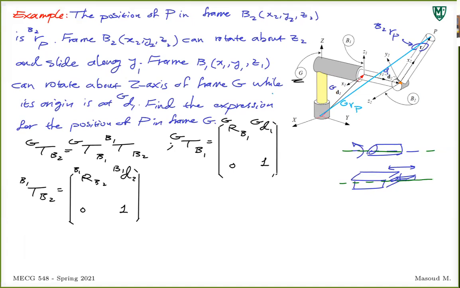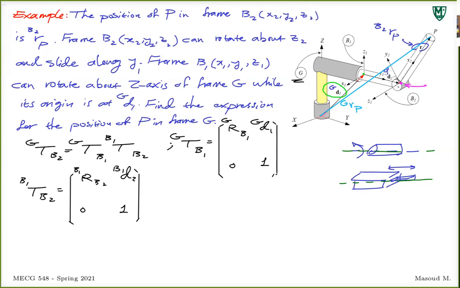D1G is where the position of the origin of frame B1 is in frame G. And this is the origin of frame B1, and D1G represents the position in frame G. Then DB2B1, transforming coordinates from B2 to B1, well, rotation from B2 to B1, and then the position of the origin of frame B2 in frame B1. Right? This is what we're looking at. This is the position of the origin right there.